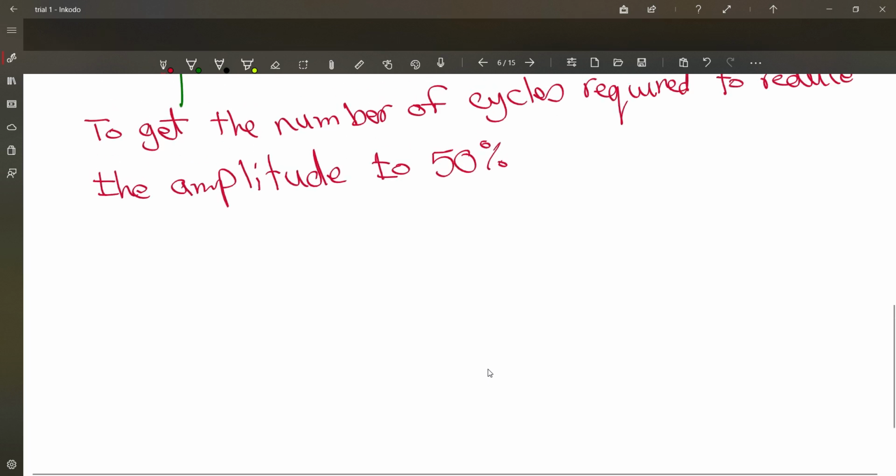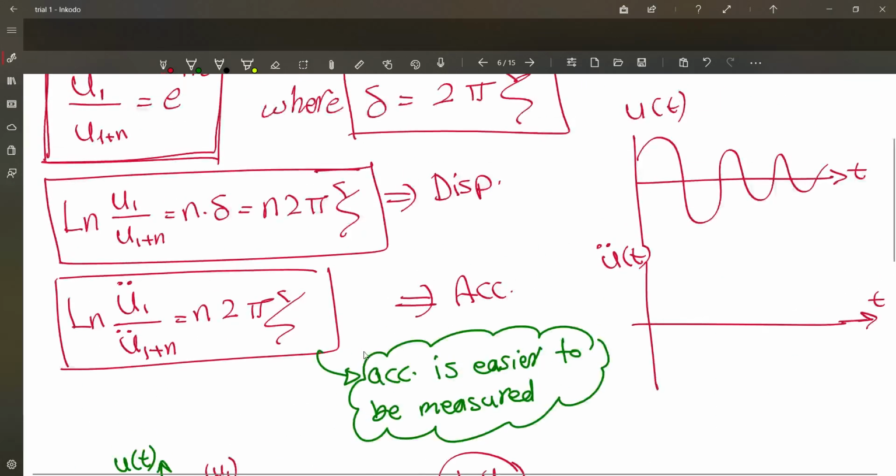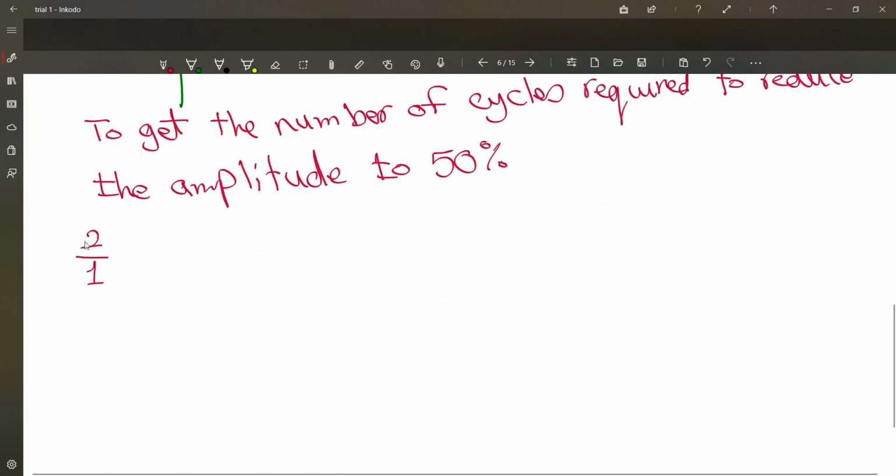So actually the equation is going to be easy for us. We're going to say that 2 over 1, right? Remember that we want half. We're going to say it like this: 2, which is u1 over u1 plus n. So it is going to be 2 over 1 because we want it to be half. We are searching for the half.